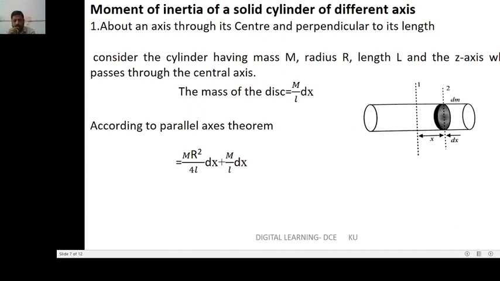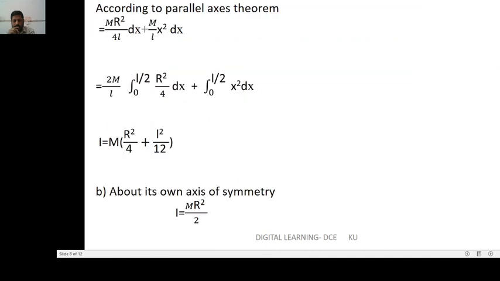According to the parallel axis theorem, m r square divided by 4L into dx plus m by L into dx. Substituting the values, we will get 2m over L into integral of 0 to half, r square by 4 into dx plus integral of 0 to half, x square dx.